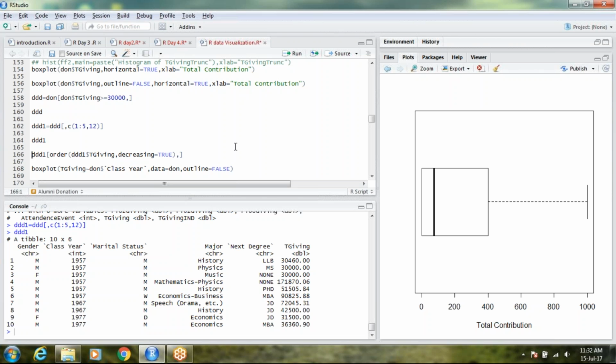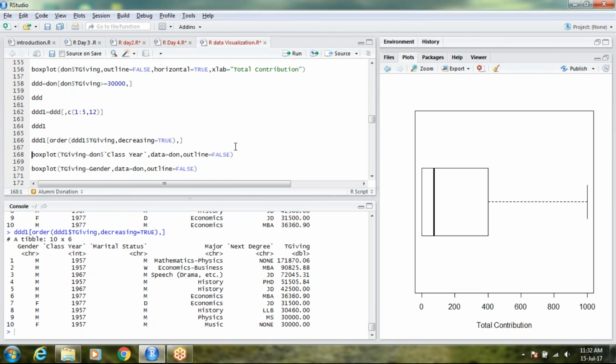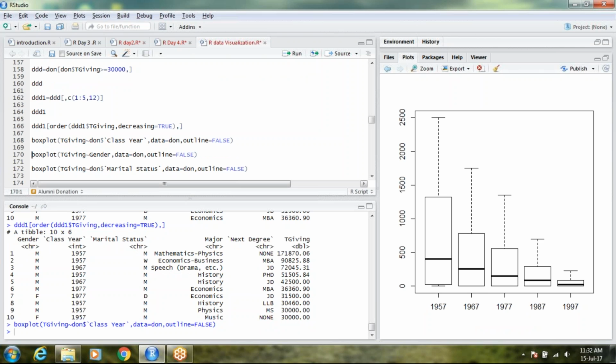If I sort it in decreasing order, then this is my highest, and then it goes down. Now let's make a box plot of total contribution with all the years, all the students. You can see the eldest alumni have made the highest contribution.